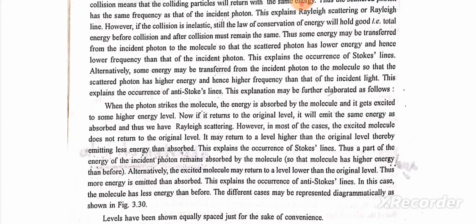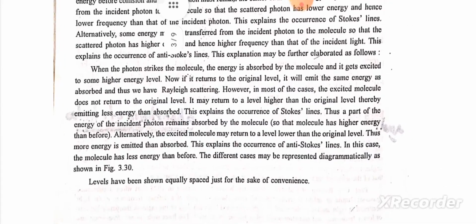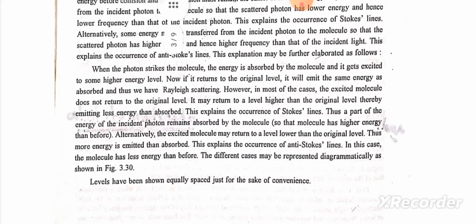In this case, the molecule has less energy than before. The different cases may be represented diagrammatically as shown in figure 3.30. Levels have been shown equally spaced just for the sake of convenience.